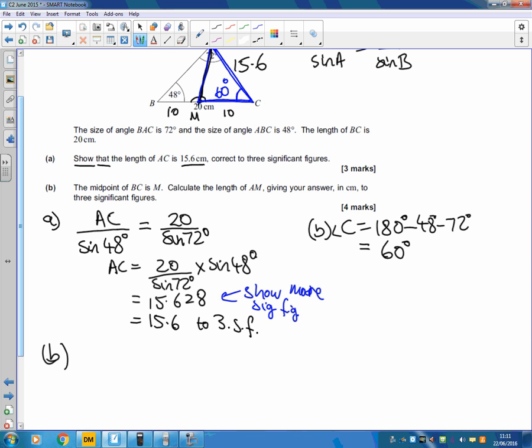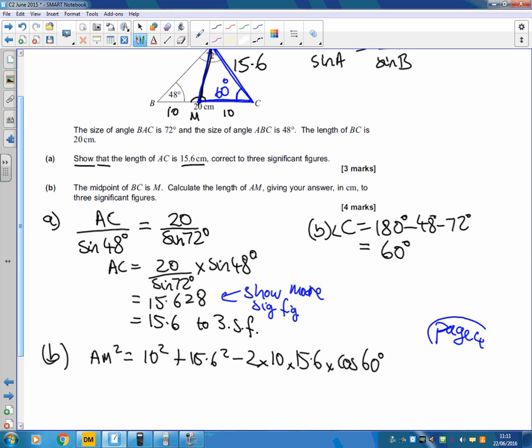The cosine rule says that AM squared is one of the sides squared, so think b squared, plus c squared minus 2 times b times c, using the same letters that are in your formula book, times cos 60. If you forget the cosine rule, it is at the top of page 4 in your formula book.